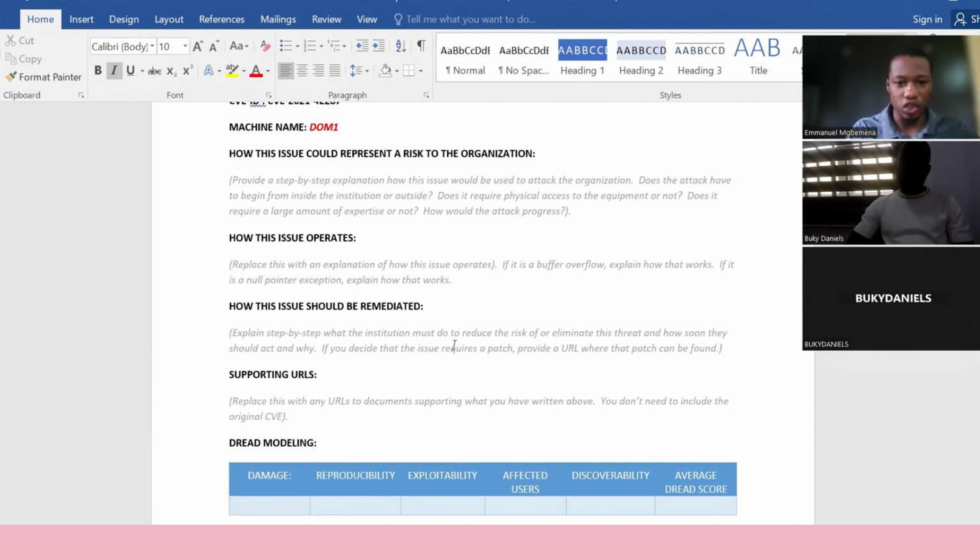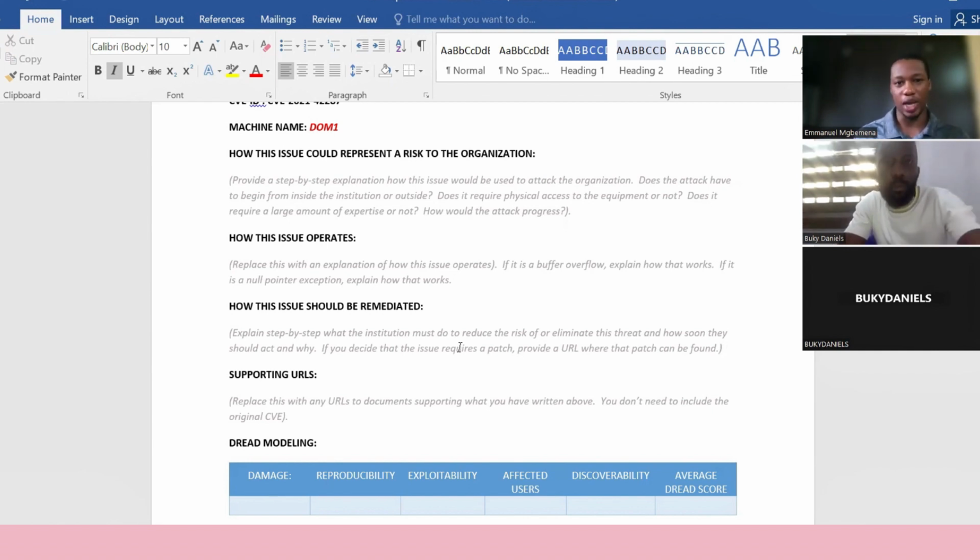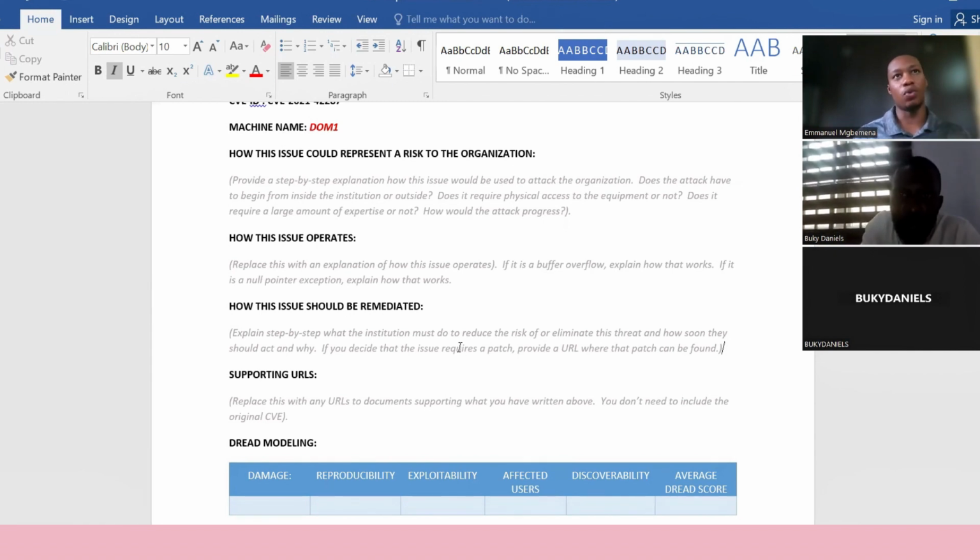Then if you decide the issue requires a patch, definitely, I think this requires a patch. That CVE requires a patch to fix that issue. And like you said, you are explaining what the organization needs to do to prevent these threats in the future. They need to consider configuration management and patching. Patching should not be ad hoc; they should have periodic patching, where every week or every two weeks they patch all the systems and make sure there's no existing vulnerability.